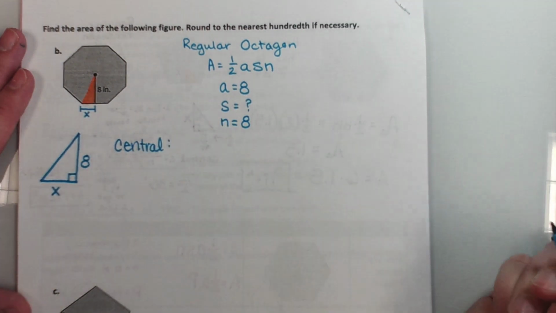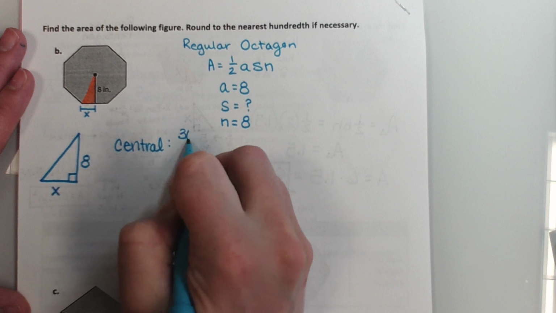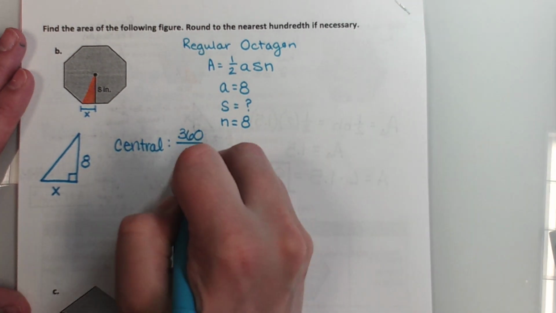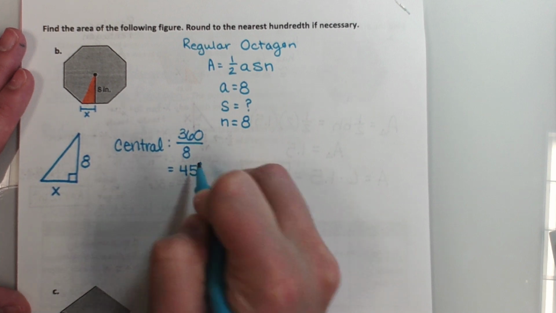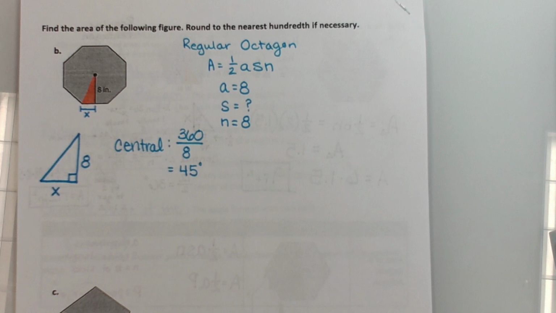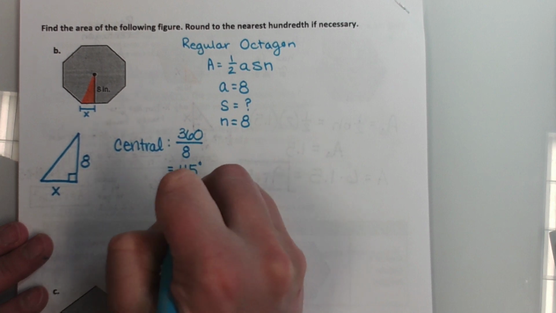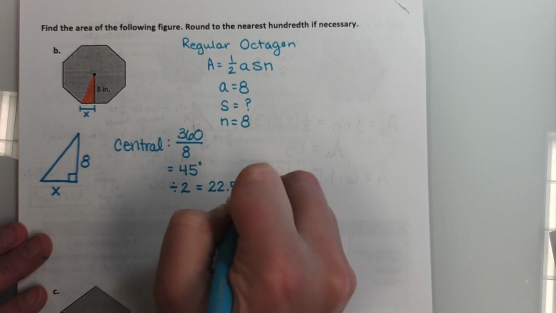Central angle I always find by doing what again? 360 divided by 8, because it's divided by n. 360 divided by 8 is 45. Does that go in the triangle? 22.5 does, because then to get the angle in the triangle, I divide that by 2. Divide it in half.